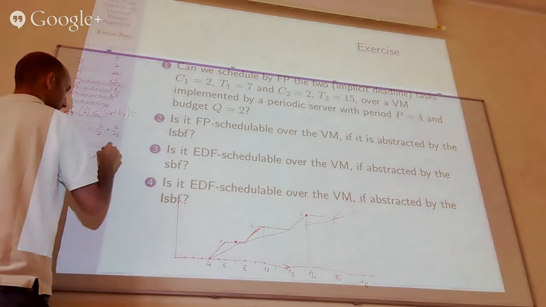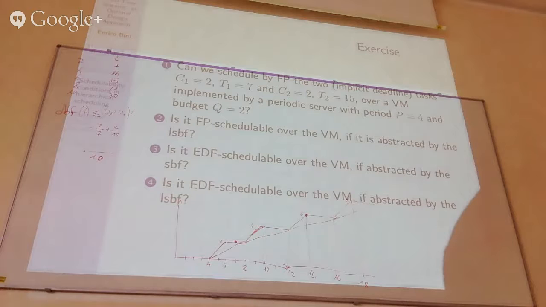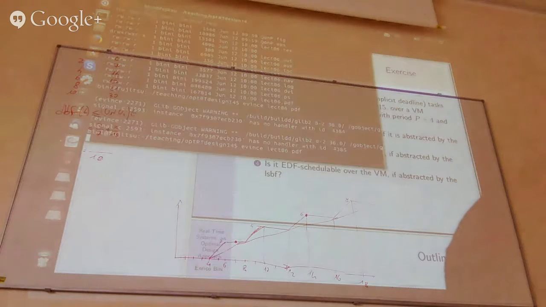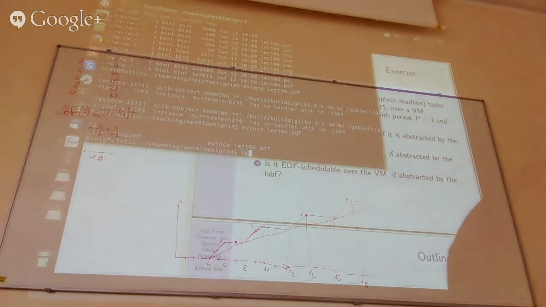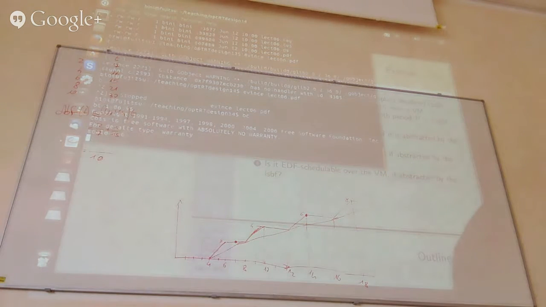Let me do some math. We have to do 2/7 plus 2/15, right?